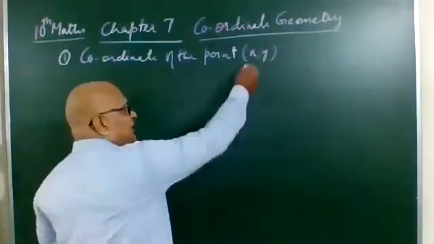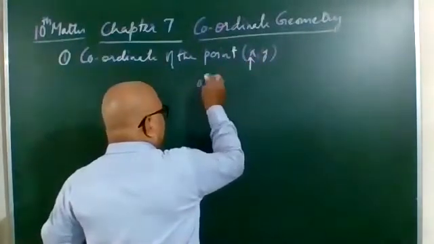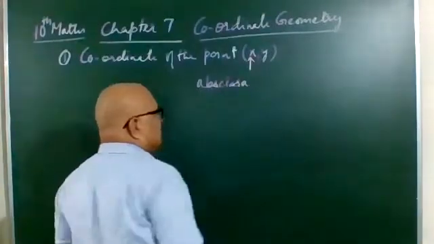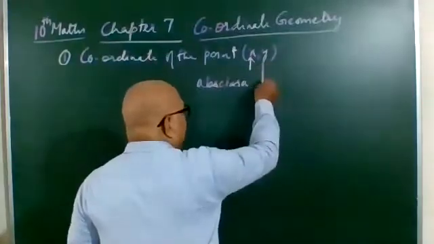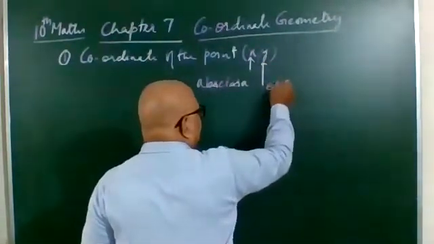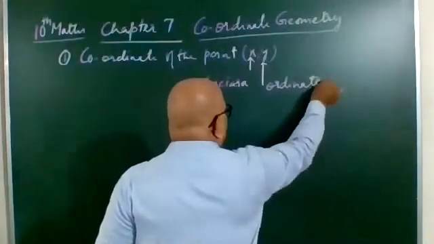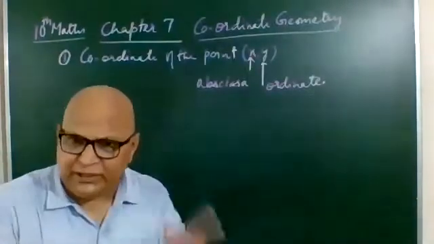You can say that x is abscissa, A-B-S-C-I-S-S-A, abscissa. X is known as abscissa and y is ordinate. Now sometimes the question is like that, find the abscissa of the point.